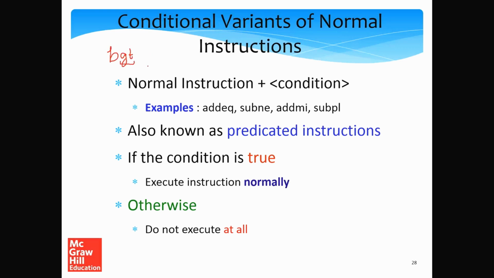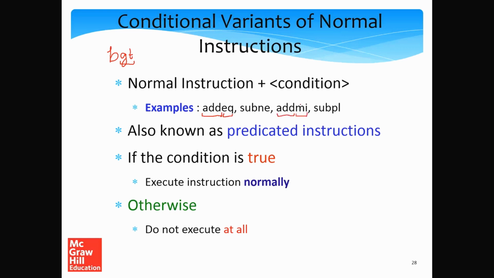It is not necessary. After a lot of normal instructions like add, subtract, multiply, we can suffix the conditions as well. So for example, we can have add with the condition EQ, or we can have add with the condition MI.